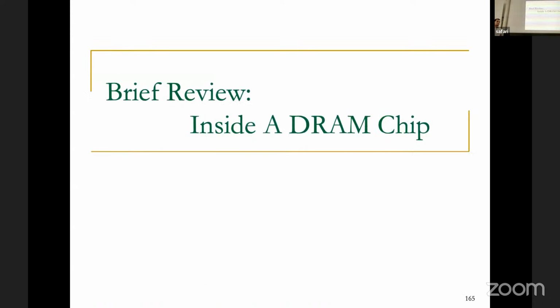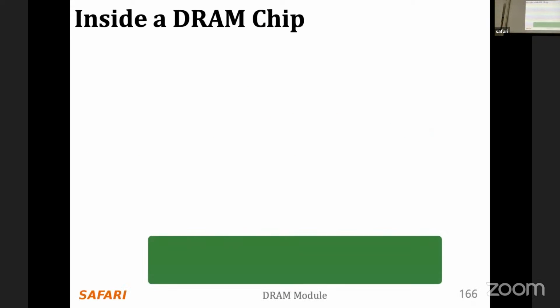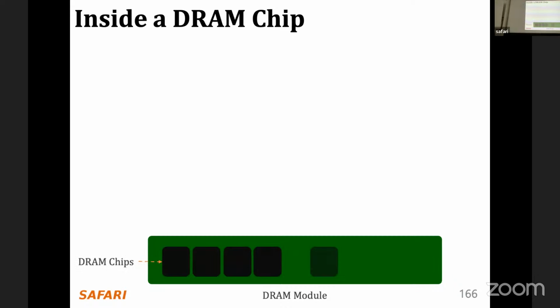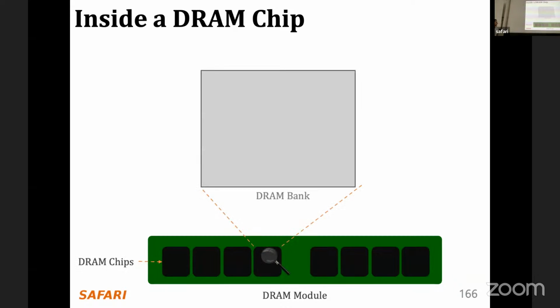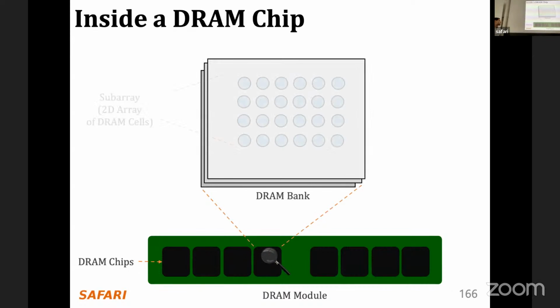But in order to explain how you can do that operation, I need to briefly talk about how DRAM operates, because we are going to use those operating principles to do the data copy. The main thing that you buy when you buy a DRAM DIMM is a DRAM module, and inside the DRAM module you have several DRAM chips, and inside the DRAM chip you have several DRAM banks.